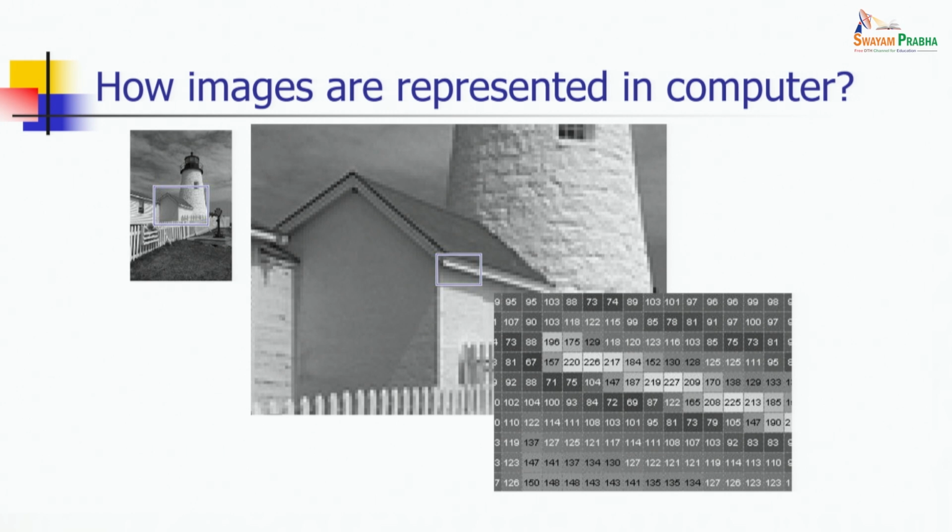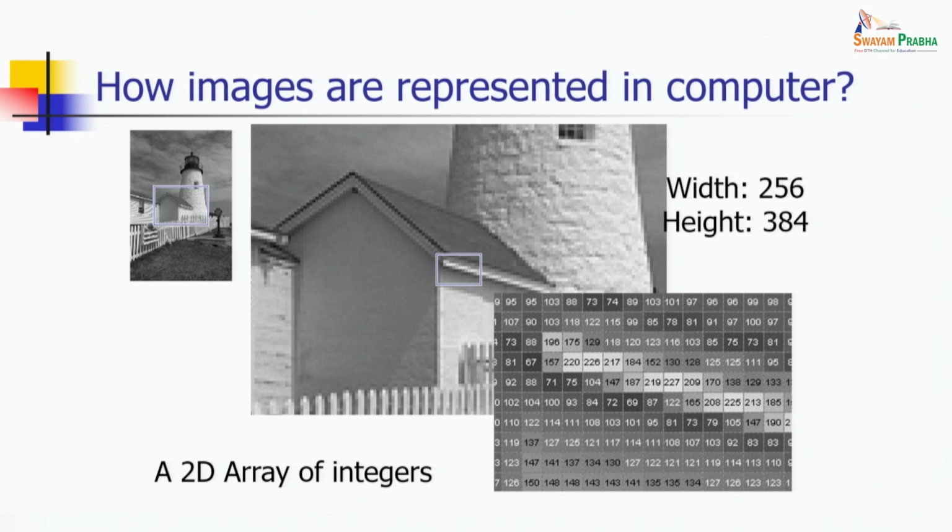The value shows the level of brightness with which that point should be displayed. So an image, essentially, we can say is a 2D array of integers. It could be real values also. In this case, the representation is in the form of positive integers in the discretized form.